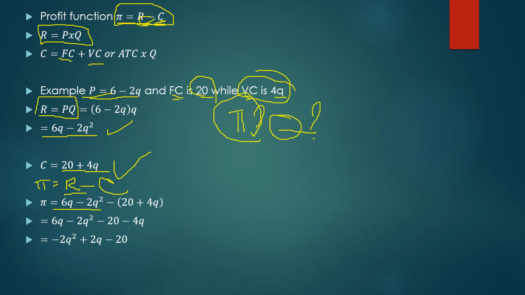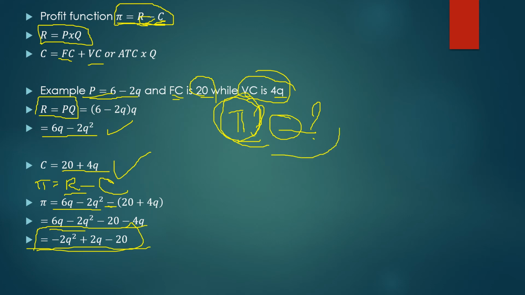So, by simplifying 6q minus 2q squared, we then distribute the negative, which is 2q, 20 pala na 4q, positive to negative, that will give you negative 4q. And by simplifying it, we have the final result of the profit. Okay, this one is already satisfied. We have our profit function already.